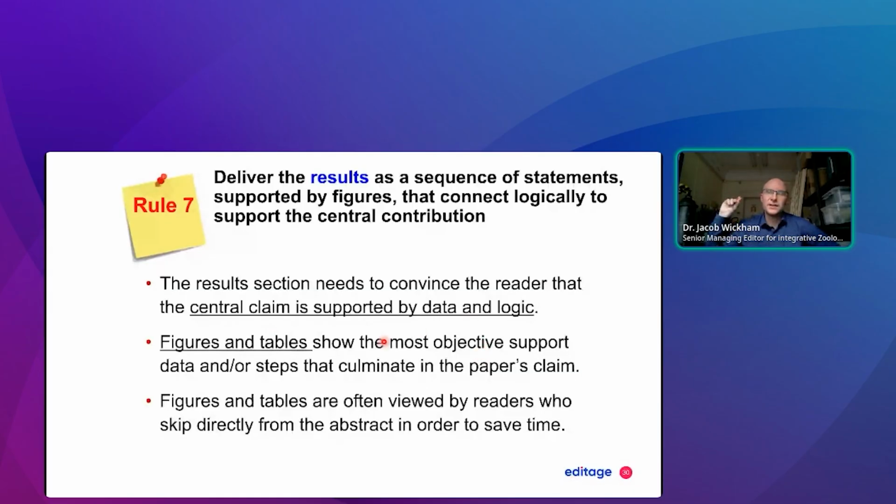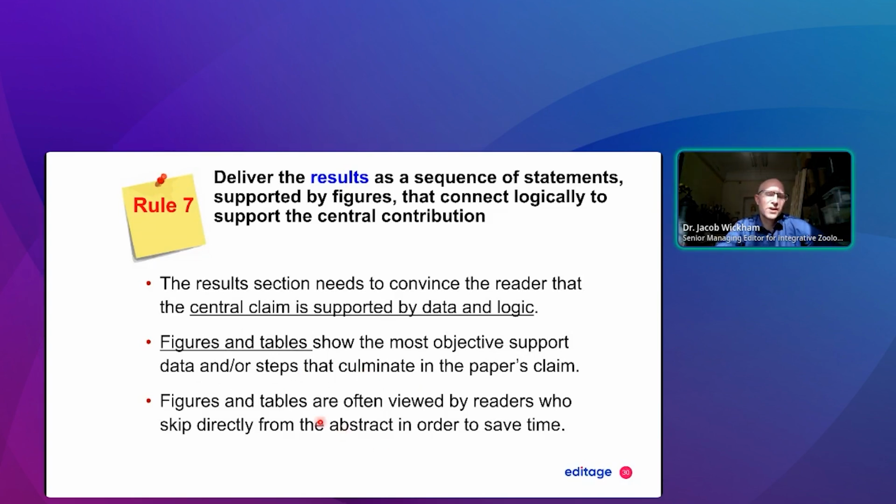In theory, this should be the shortest section of a research paper. It should contain the least amount of text and be dominated by figures and tables. And you should be able to objectively support data or steps that culminate to the paper's main claim.